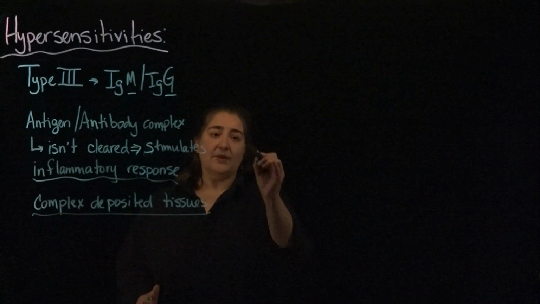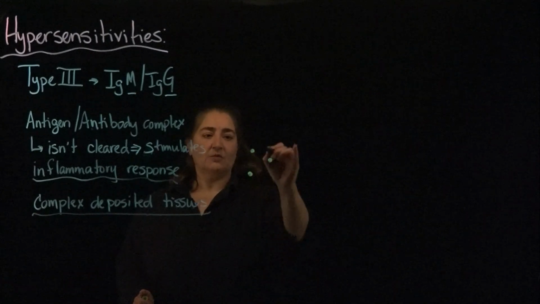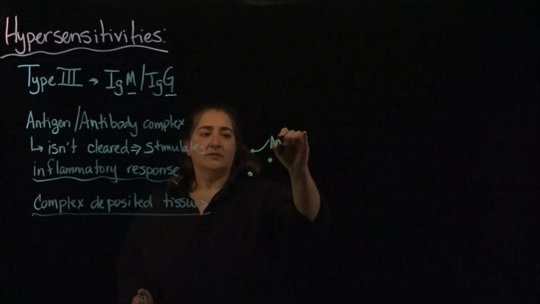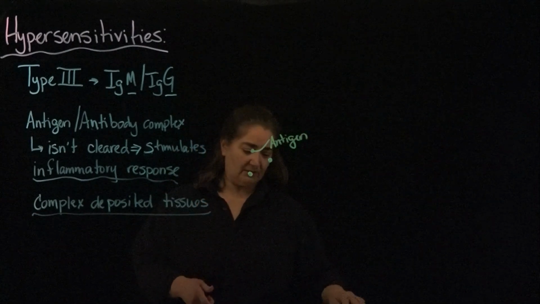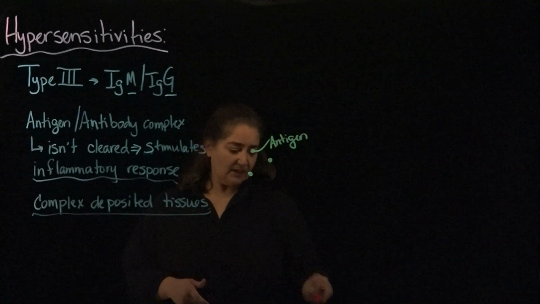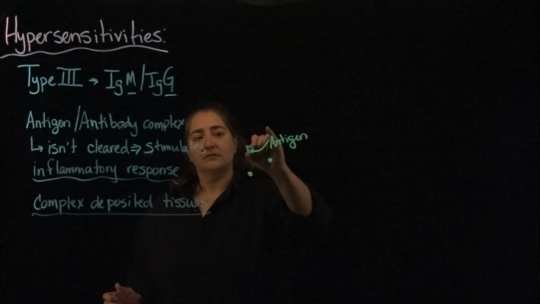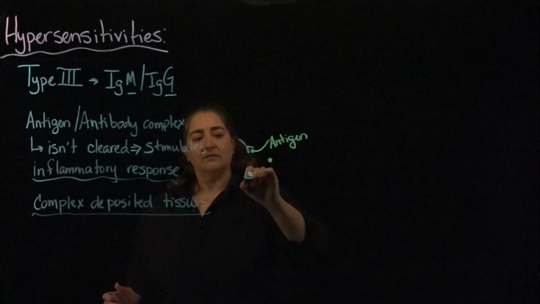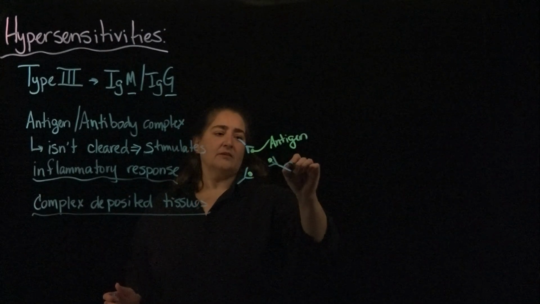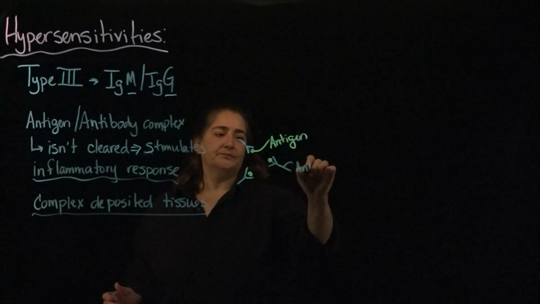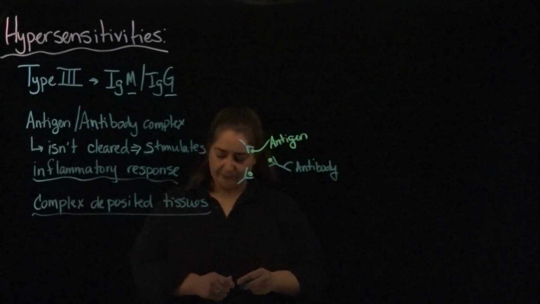So what ends up happening, if we've got our green here being our antigen, and then let's use the blue, we've got our antibody here in blue.